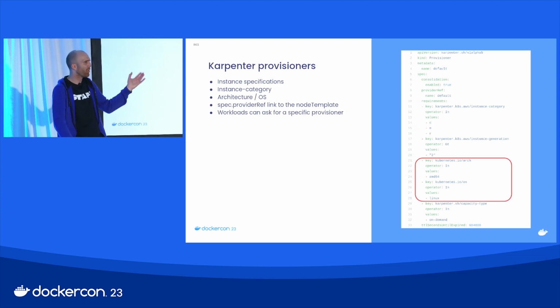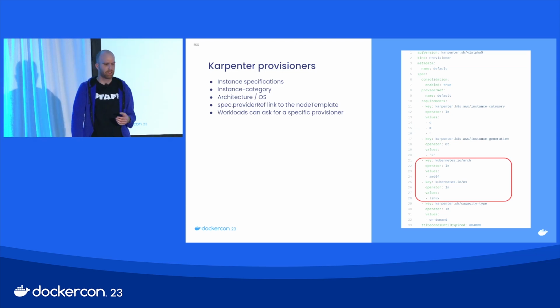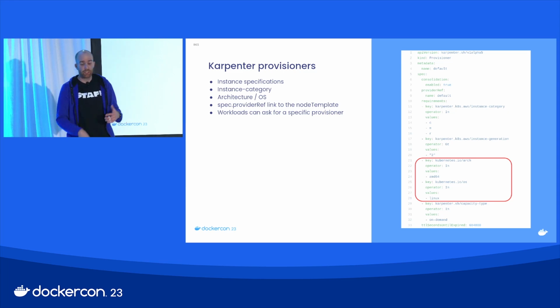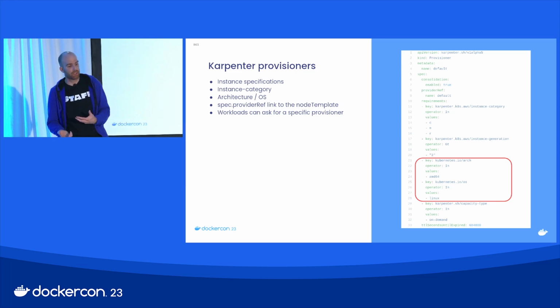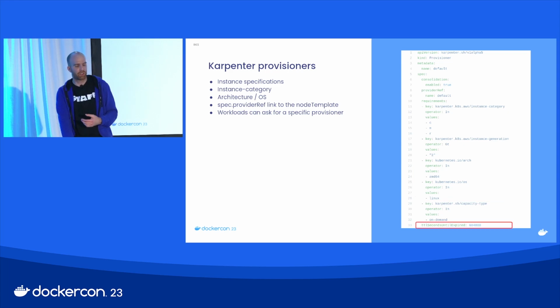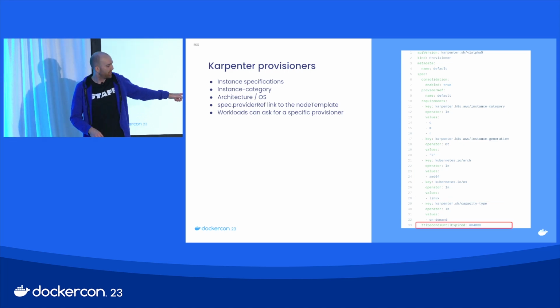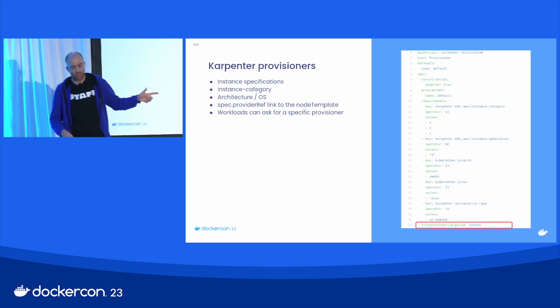We don't want T or things like that, or GPU instance, etc. And you can specify the architecture, the operating system you want. So Linux, nothing to tell there. And here you can see our TTL configuration. So that's in seconds. It should be 7 days. It's staged, so it's 7 days.